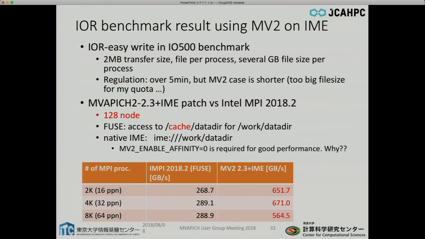This is the process count per node. What happens if you don't specify this? Very slow. Really slow, or like a few percentage points lower? Is it factors lower or a few percentage points lower? I don't remember.